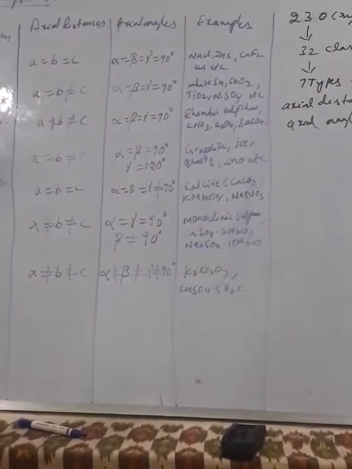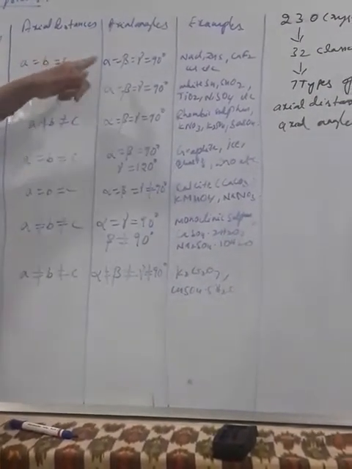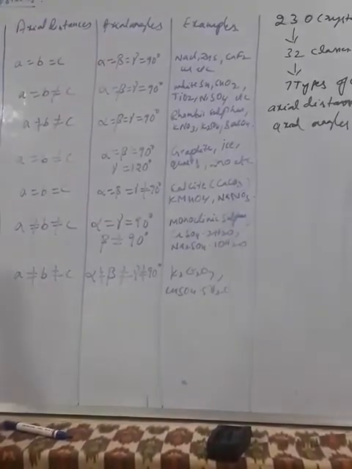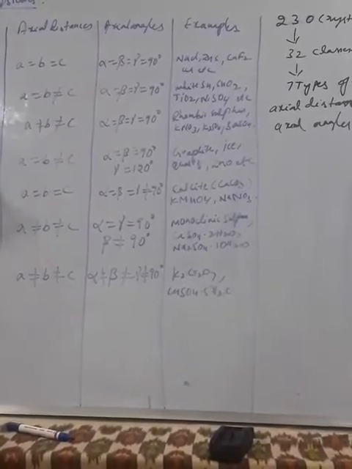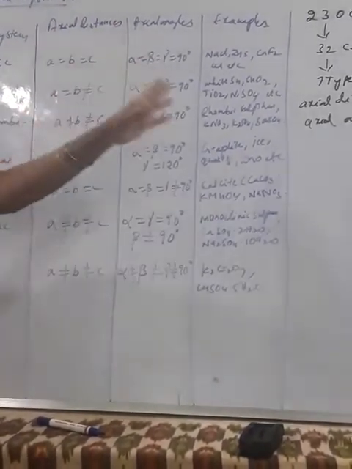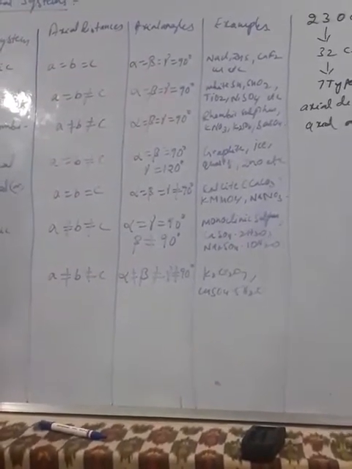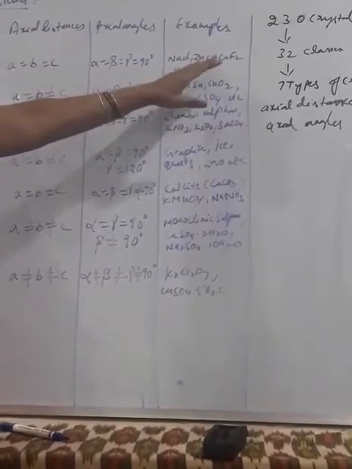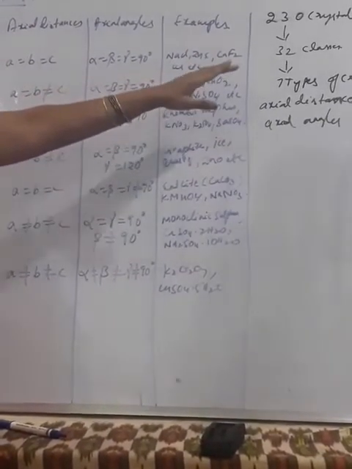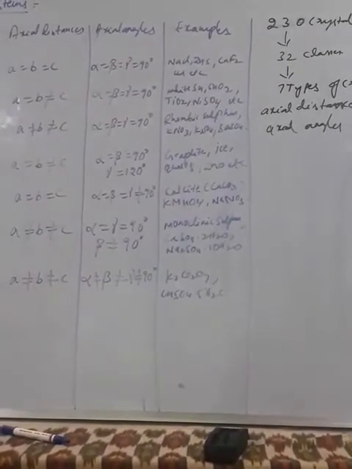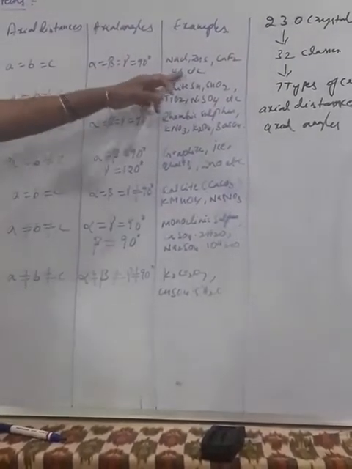Yesterday I told about axial distances and axial angles present in the unit cell in diagrammatic form. Examples for this: NaCl, sodium chloride, zinc sulfide, calcium fluoride, copper metal, etc. All these examples come under the cubic system.